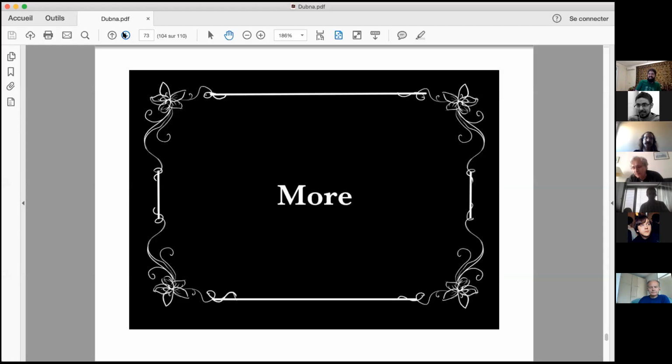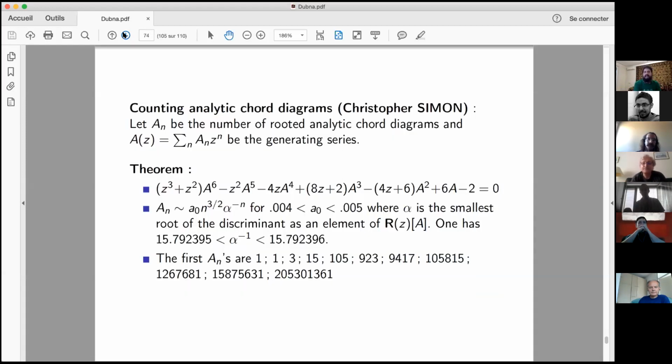Christopher went further, and he's good at computing, much more than I am. He knows how to compute combinatorics, etc. And he proved the following thing, just to show you what he proved.